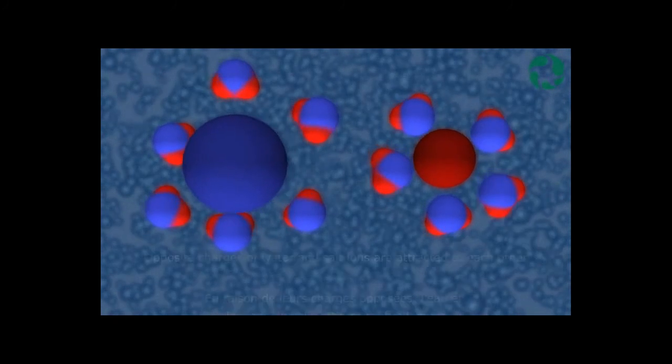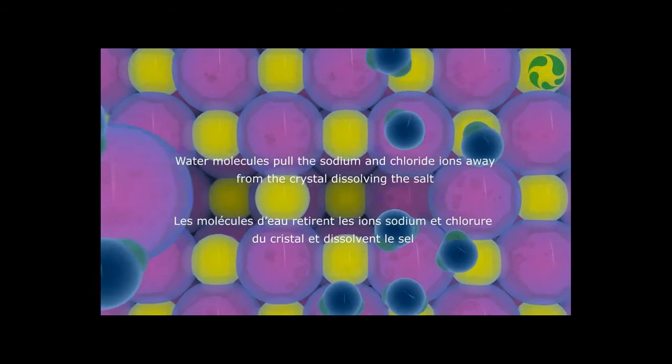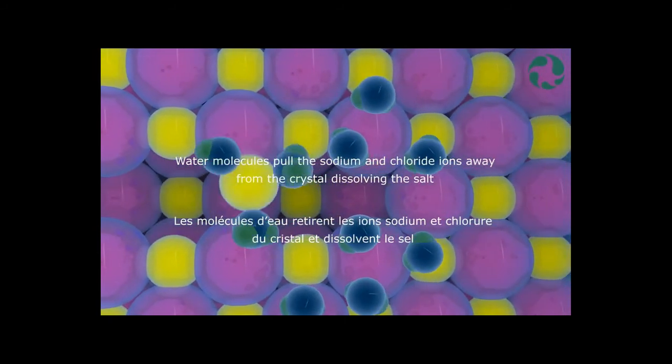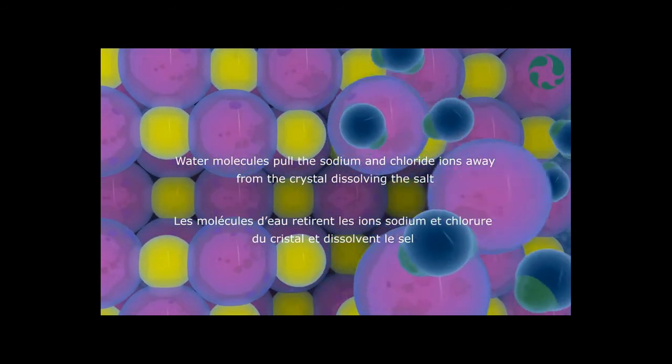And these opposite charges of water are basically going to engulf and separate the chlorine from the sodium because of the polar covalent bonds.